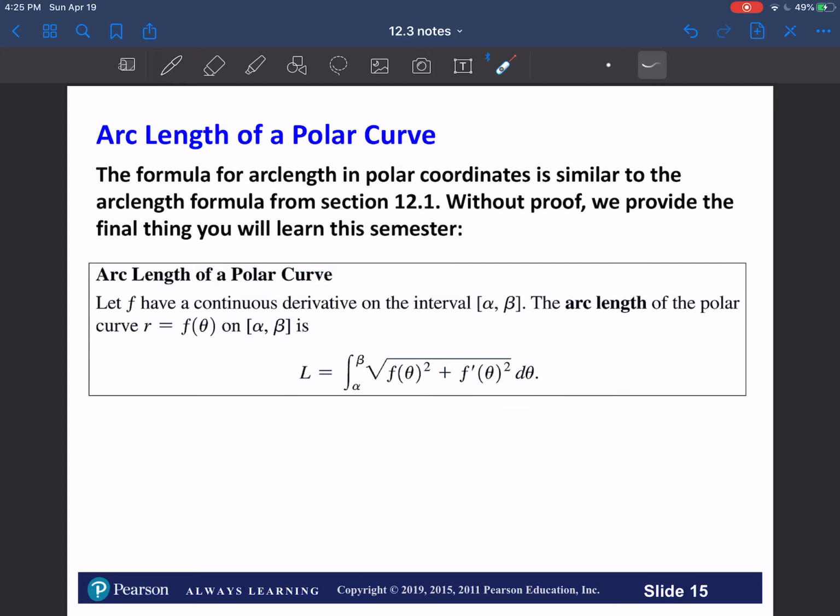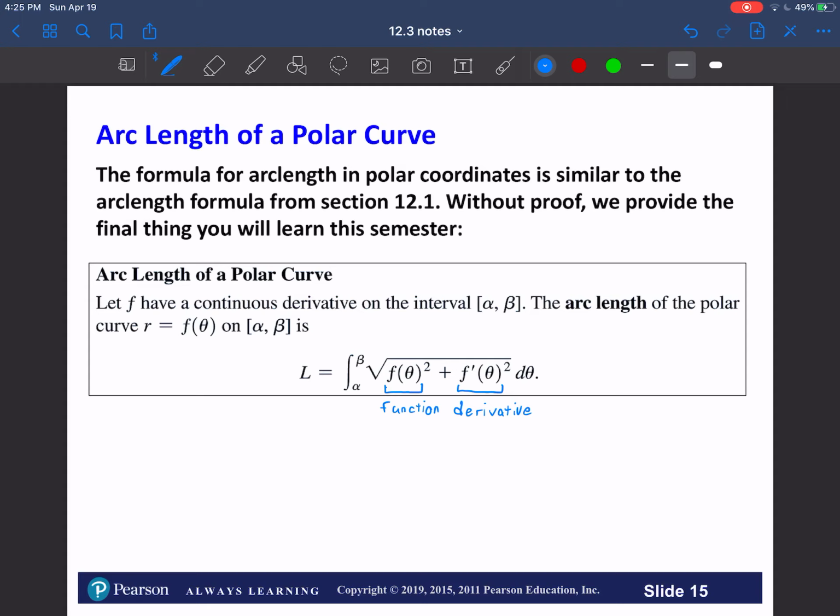The length for a polar curve is given by the integral from alpha to beta of the square root of f of theta squared plus f prime of theta squared d theta. All right, so just note that this is the function, and this one is the derivative. So you're adding the function squared to the derivative squared.